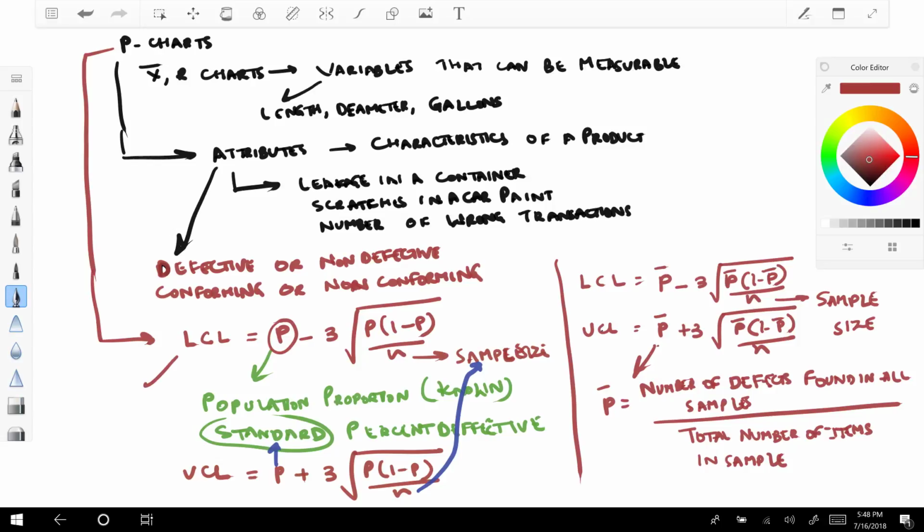For a control chart, we have an upper control limit and a lower control limit.